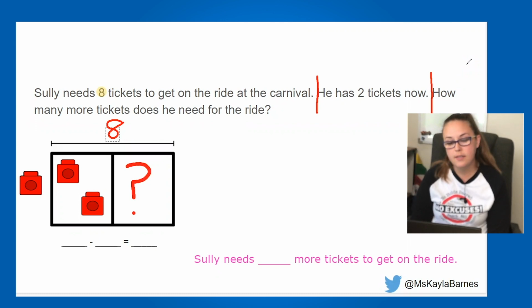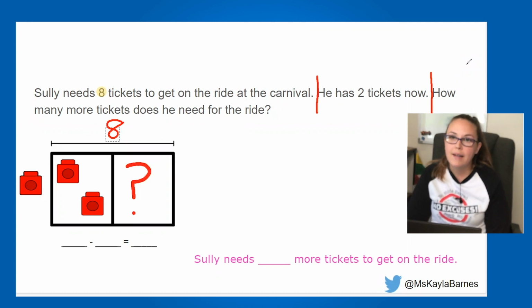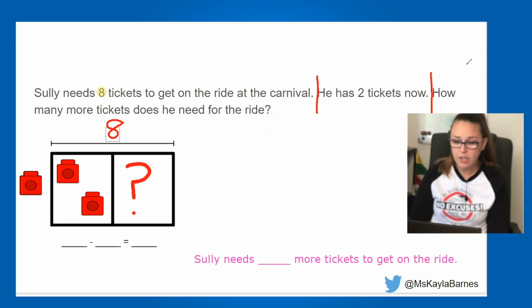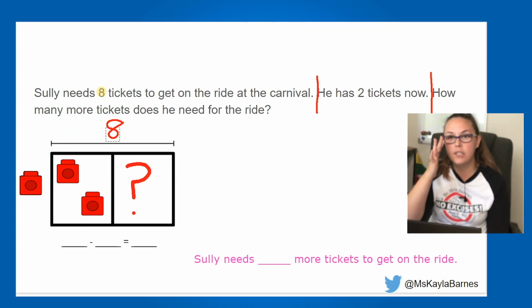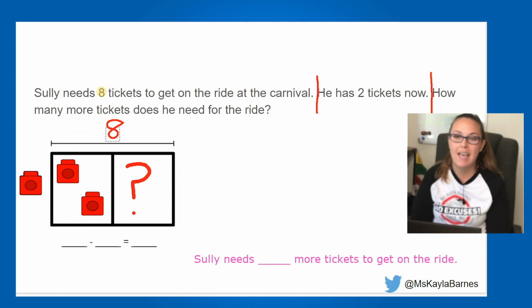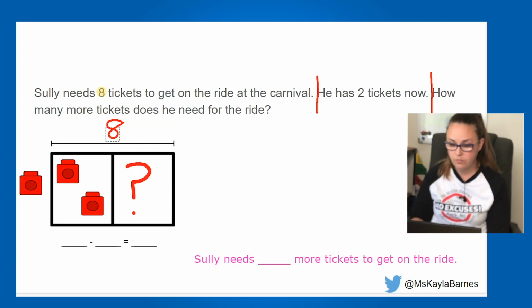You'll see that there's space for a subtraction sentence right below the part whole map. We're going to come back to that later. So remember I said our strategy today is to think addition in order to subtract. So I am seeing this part whole map, and I bet you can tell me what an addition sentence with a missing addend would look like.